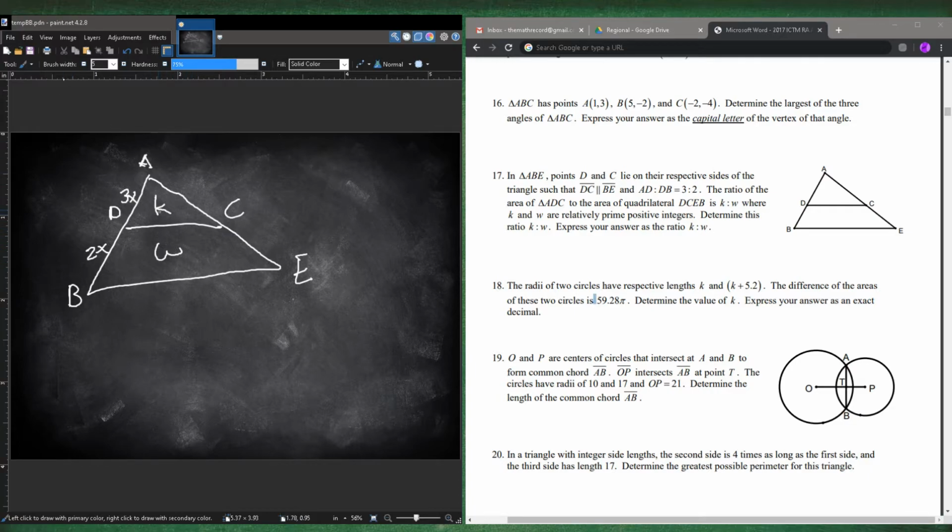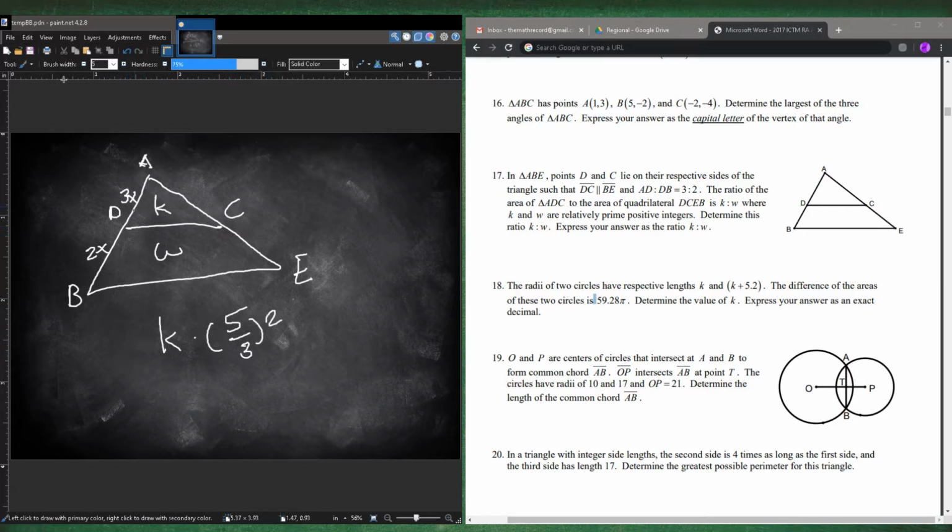If ADC is K, then the area of ABE, the bigger triangle, is 5 over 3 squared.